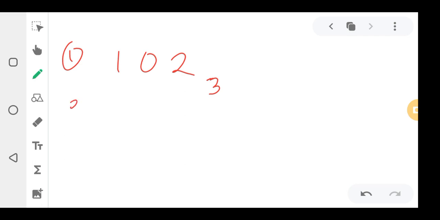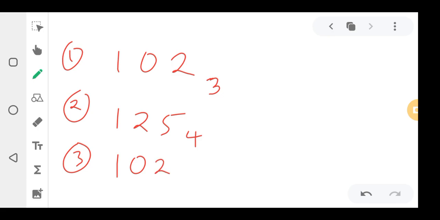Okay, the next one is 125 base 4, converting it to base 10. The next one is 1023 base 5, converting it to base 10.